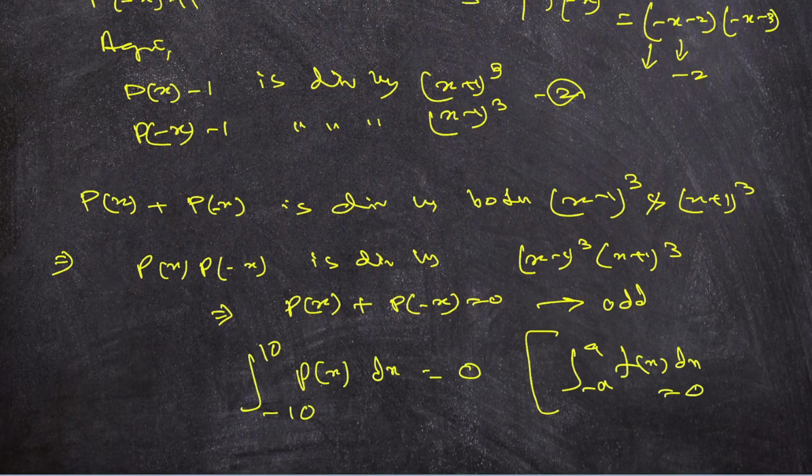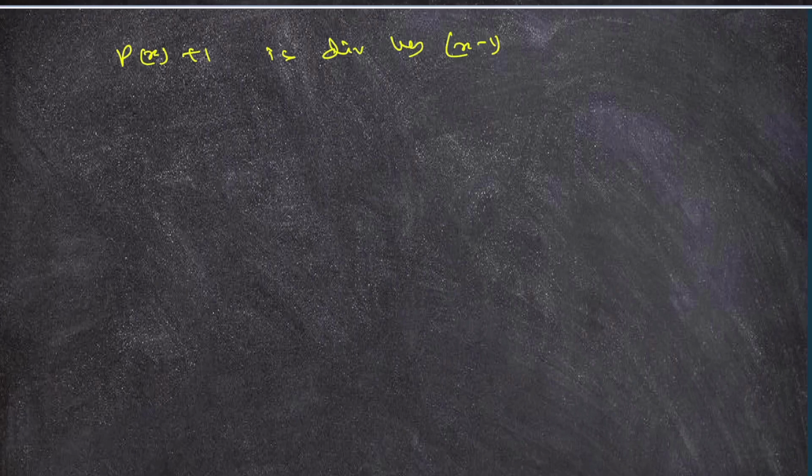Everybody, there is another easiest, shortest possible method to explain this. Once again I am writing this, alternative way: P(x) plus 1 is divisible by (x minus 1) whole cube.